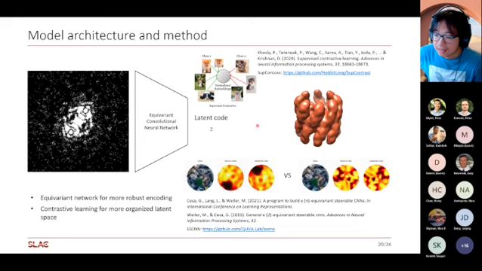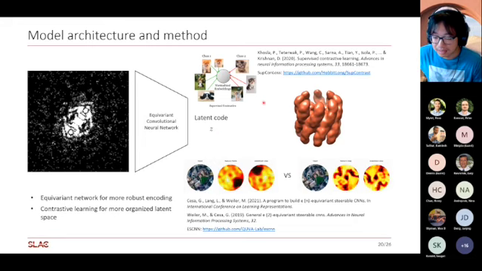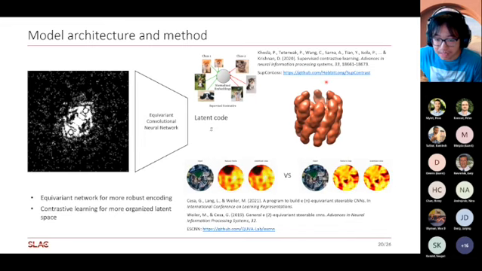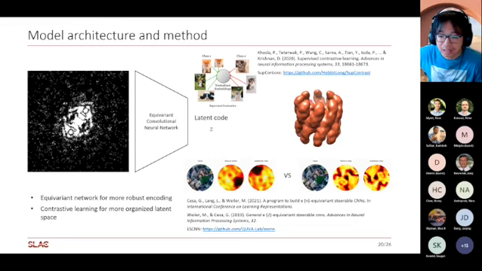The second feature we want is the ability to recognize which diffraction patterns belong to the same particle or the same set of electron densities. There is a technique called contrastive learning. Basically, it tries to bring the embeddings of the same label close together.